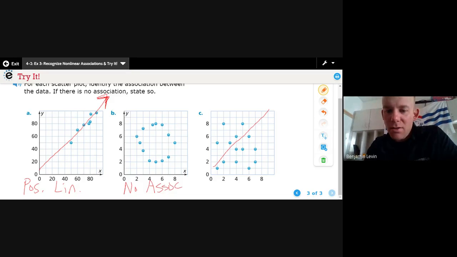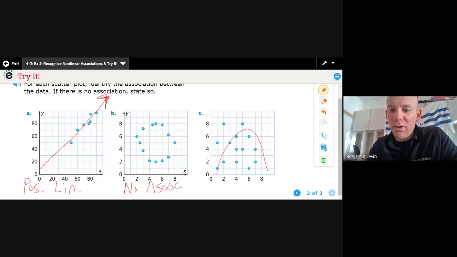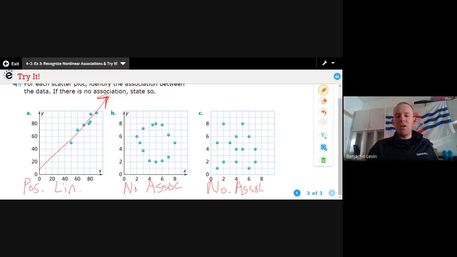There's nothing we can do. So this is also no association or no correlation. There's no way that we can ever draw a line to represent a trend. This one, there's obviously an association. It's positive linear, okay?